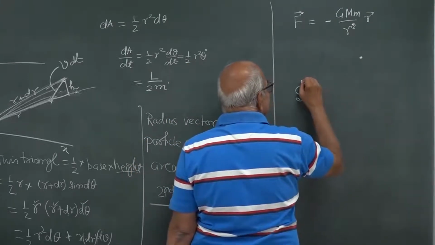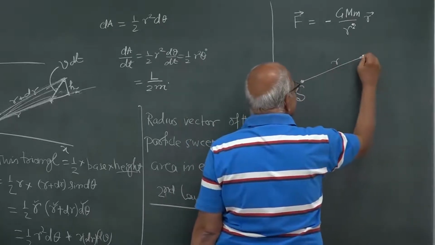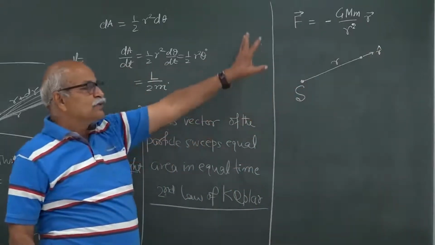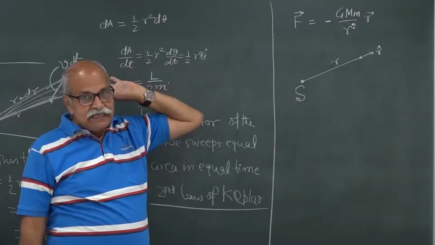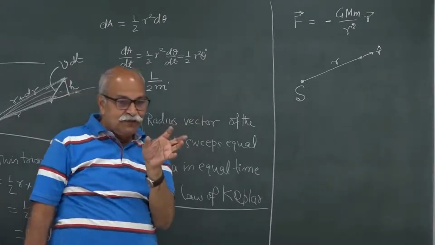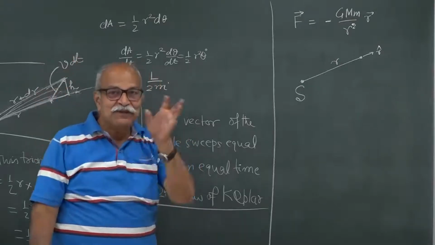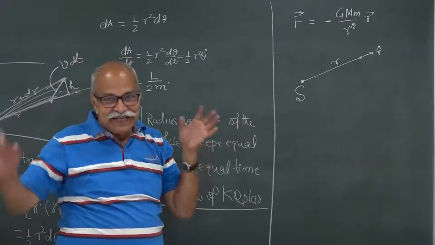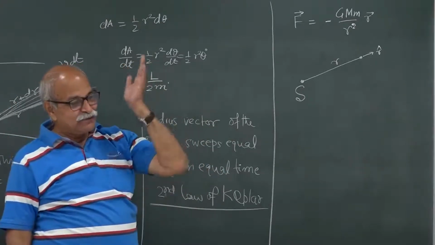If this is the origin, then this distance is r, this is the r cap vector, it is an attractive force. What we are doing is a very idealized case. Here the sun will also get attracted towards the planet, and therefore the sun will also have some kind of motion like that. But in our case the origin is fixed, the center of the force is fixed.